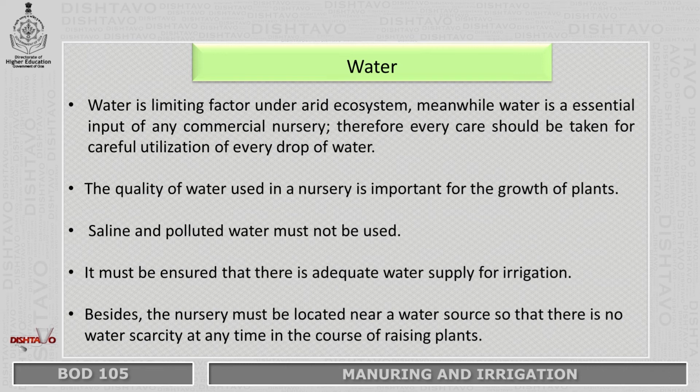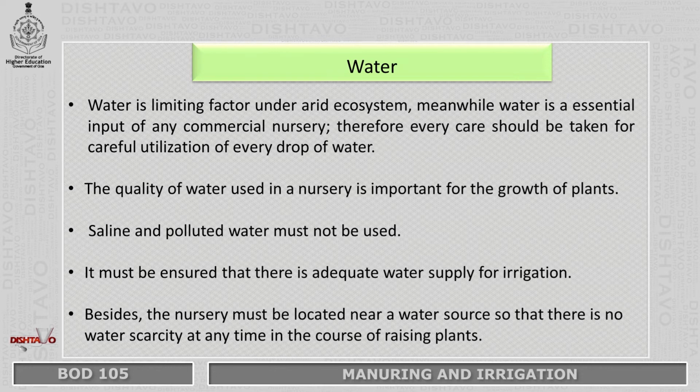Water. Water is a limiting factor under arid ecosystem. Meanwhile, water is an essential input of any commercial nursery. Therefore, every care should be taken for careful utilization of every drop of water. The quality of water used in nursery is important for the growth of the plant.